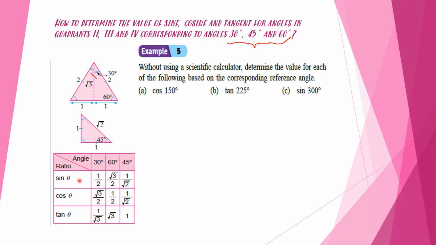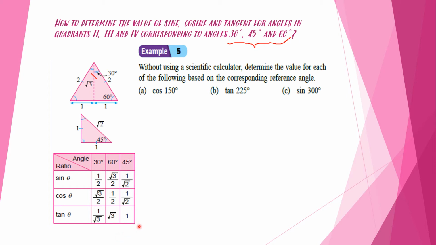So when your theta is equal to 45, sine 45 equal to 1 over root 2, which is opposite over hypotenuse. Cos 45 degrees is equal to adjacent over hypotenuse, 1 over root 2. Tangent theta is equal to opposite over adjacent, so 1 over 1, which is 1.